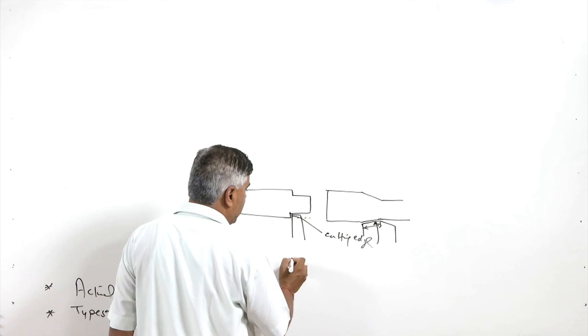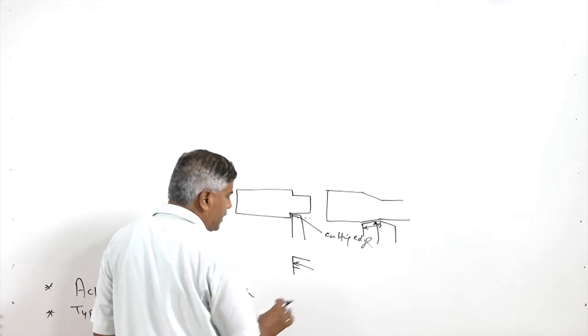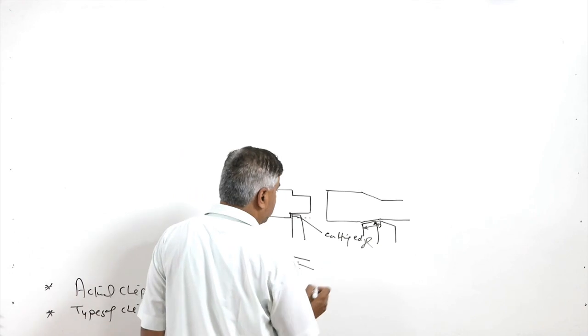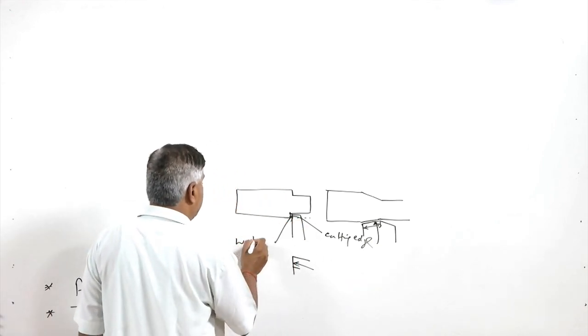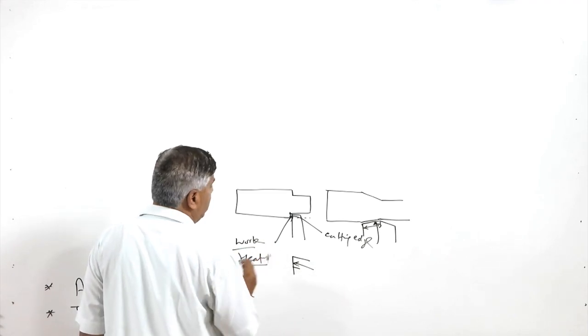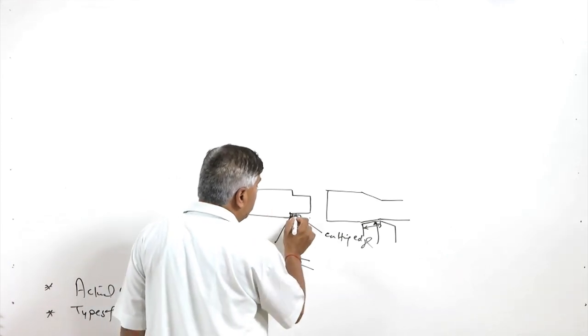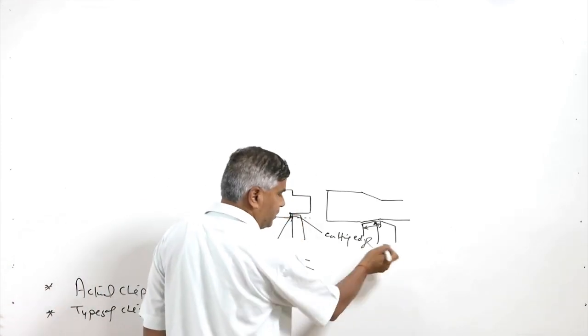One more thing here, whatever heat is generated is localized over a very small length in case of the orthogonal cutting, because under identical conditions some work will be done that will be converted into heat, and the heat will be localized over a much smaller area in case of the orthogonal cutting as compared to the oblique cutting.